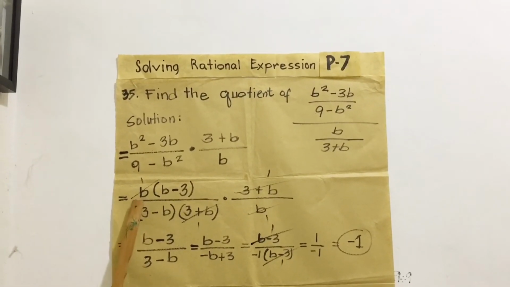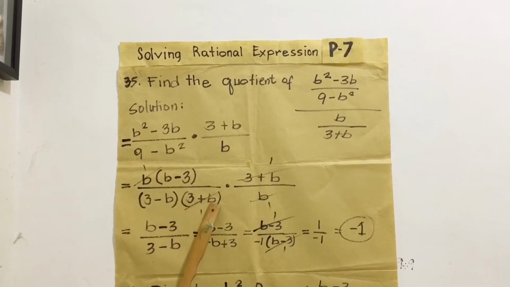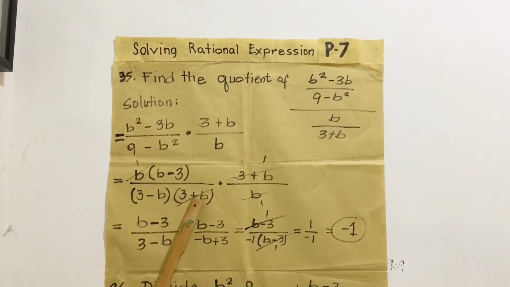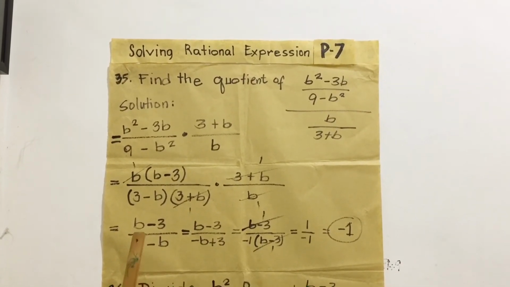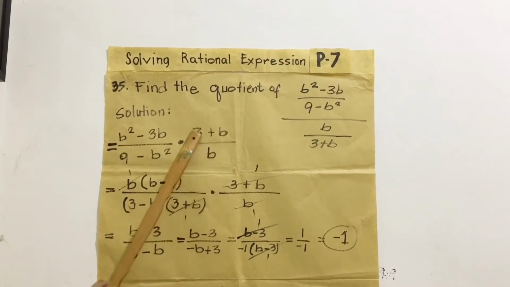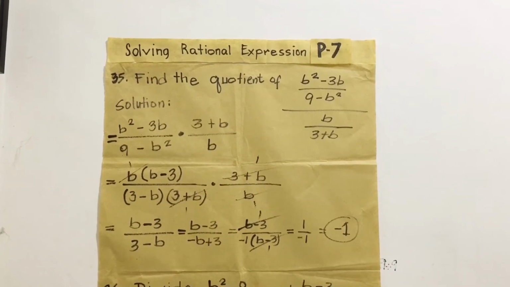So we have 3 and 3, and b squared, the factors are b and b. And since it's negative, we have one negative and one positive sign. Then copy, since this is already prime, we don't have to factor this, so just copy.